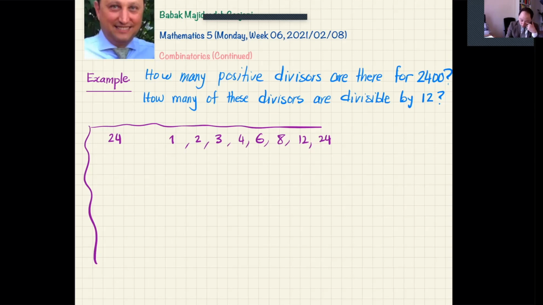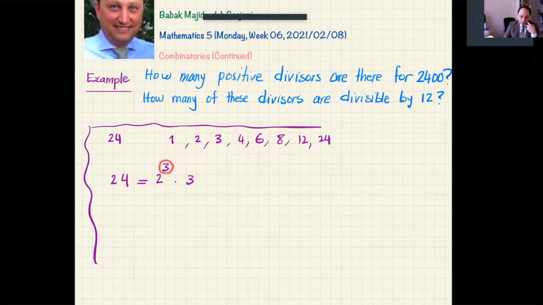So this is the first idea that comes to mind. And it shouldn't be hard to realize that, of course, I factor 24, yes? So 24 can be written as 2 to power 3 times 3. This is the prime factorization of 24. So it means that the primes that are involved in 24 are 2 and 3. The power of 2 is at most 3, and the power of 3 is 1.